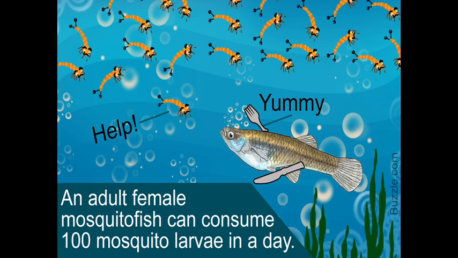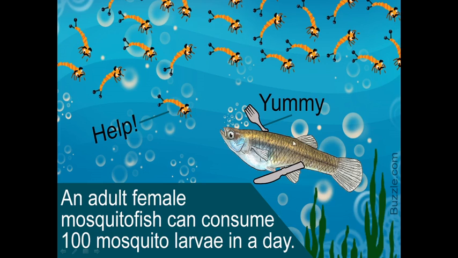To eat that larva, we can put some fish. This fish eats the larva and avoids the breeding of the mosquito. See, there is one type of fish, the adult female mosquito fish, which can consume 100 mosquito larvae in a day.